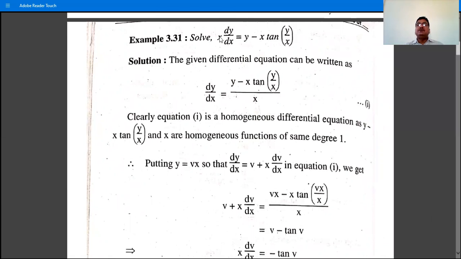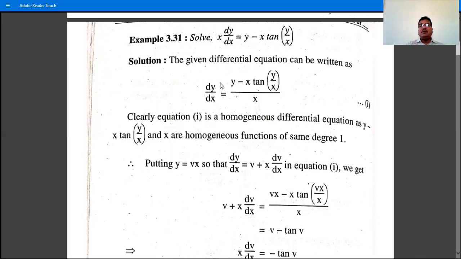After shifting this x to the RHS, this numerator and denominator both are homogeneous functions of degree 1. So what is this numerator? y minus x tan y by x. If we take x as common, we have y by x minus tan y by x, and the remaining part is a function of y by x.